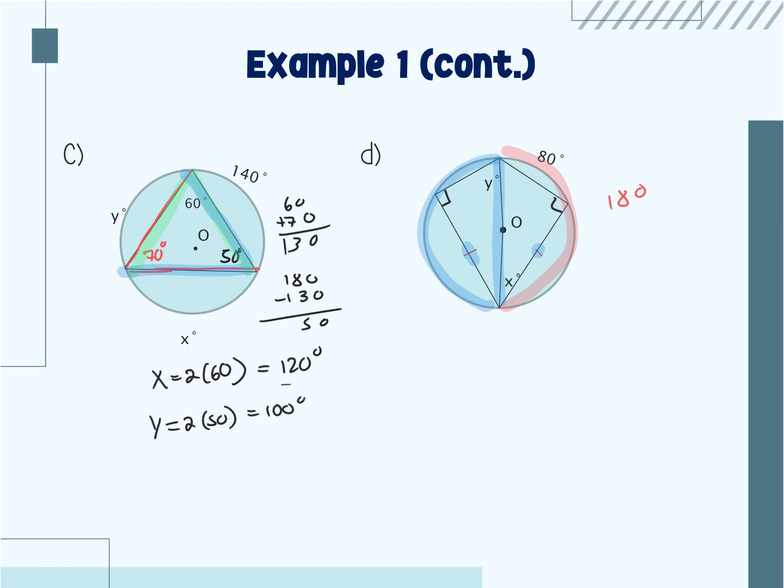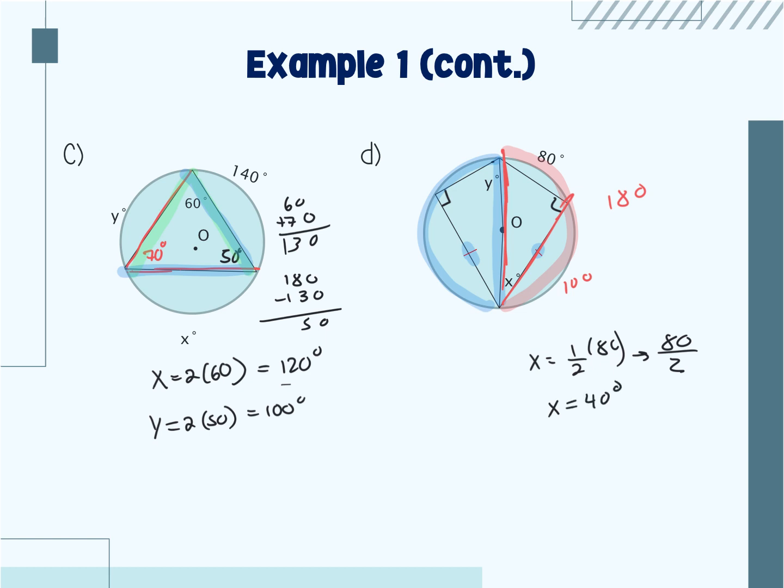So we can figure out the remainder of the circle. This remainder is 100. Now keep in mind our x is facing the segment that it's already given. So our x is going to be half of 80, or in other words, 80 divided by 2. So our x is actually going to be 40.